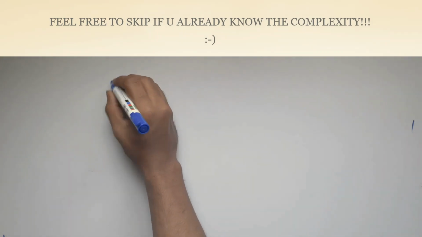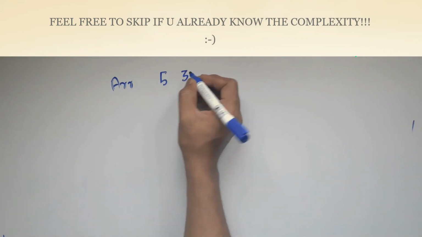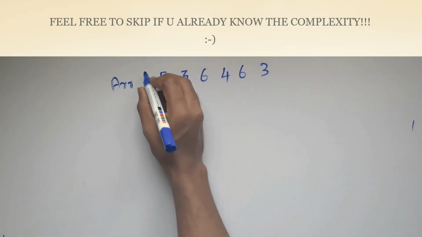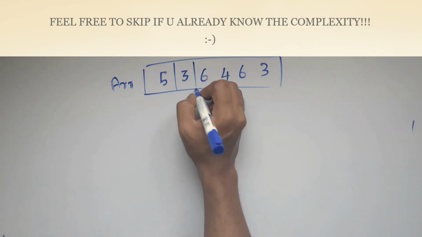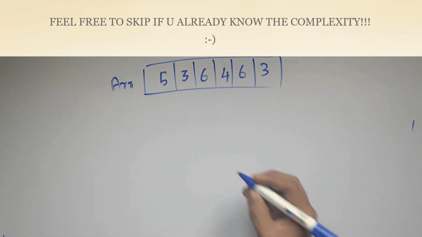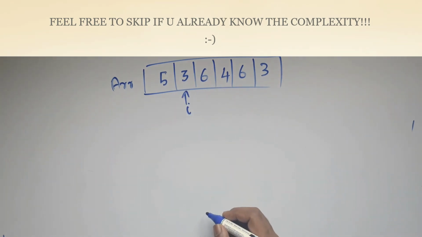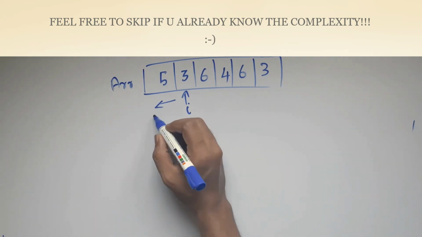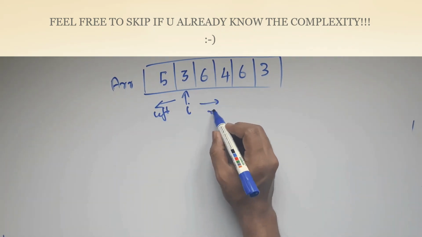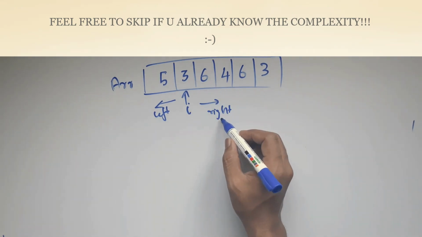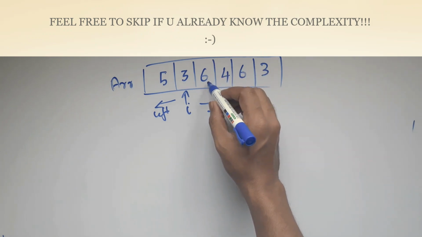Alright, so before we code the solution to this problem, let's talk about its time complexity. So given array was 5, 3, 6 and then 4, 6, 3. This was our given array. And now in this given array, what we have to do is, first we initialize a pointer, then we calculate the global maximum towards our left, so in the left direction. And on our right, we calculate the maximum. So what we have to do at each step, in order to find the maximum element on our right, we have to traverse all the elements.